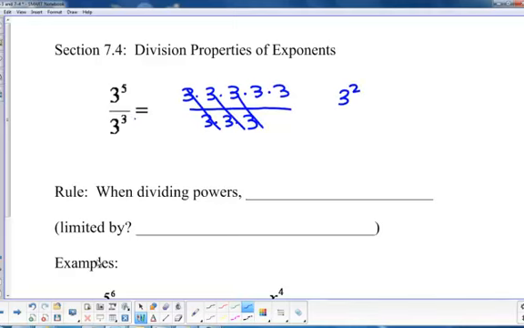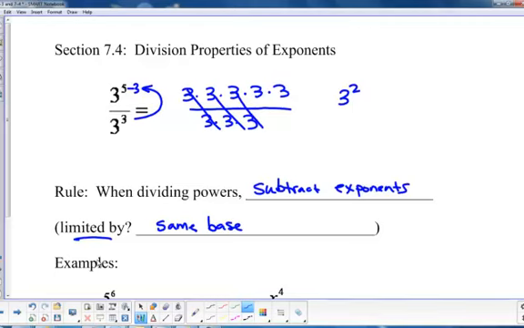It's the exact same thing as taking this up and subtracting it, since we have the same base. So when you divide powers, you subtract exponents. And that is limited by you must have the same base.